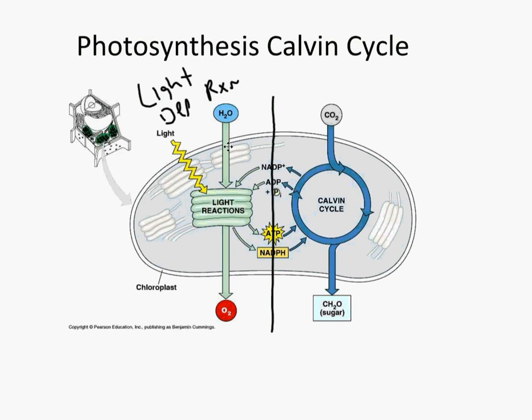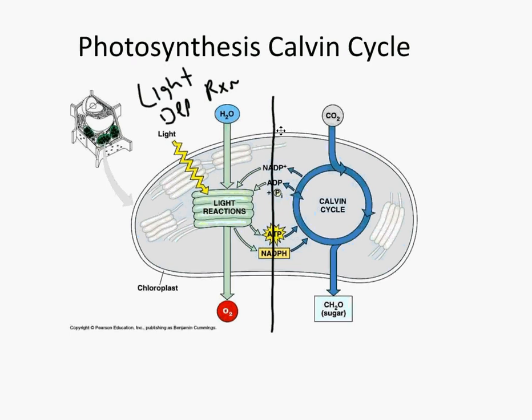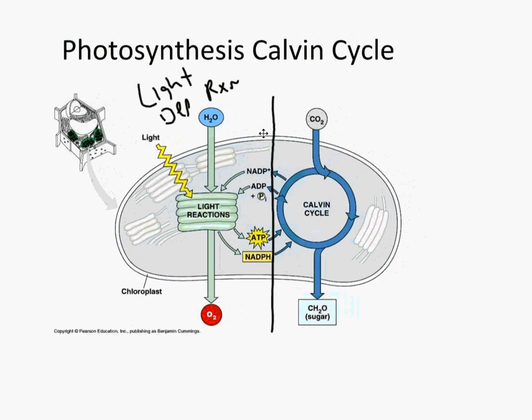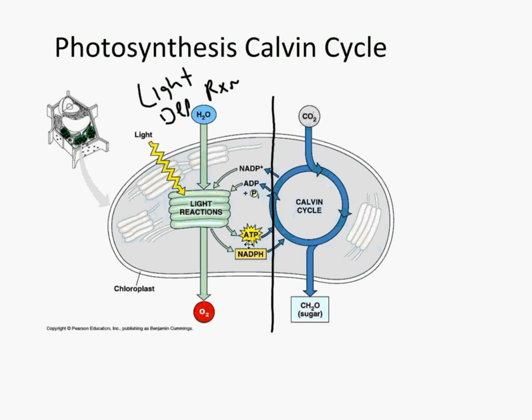And water is going to go into this reaction, and that water is going to be broken up, and the electrons from that breaking up of water are going to be captured by a chemical known as an electron carrier, which is this NADPH. We'll talk more about NADPH later.